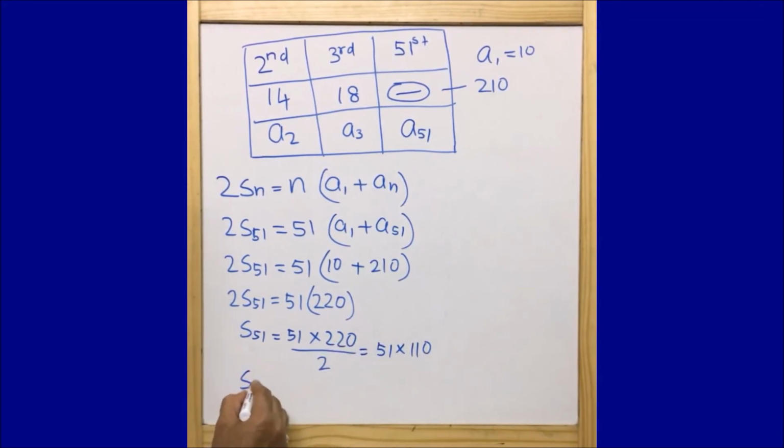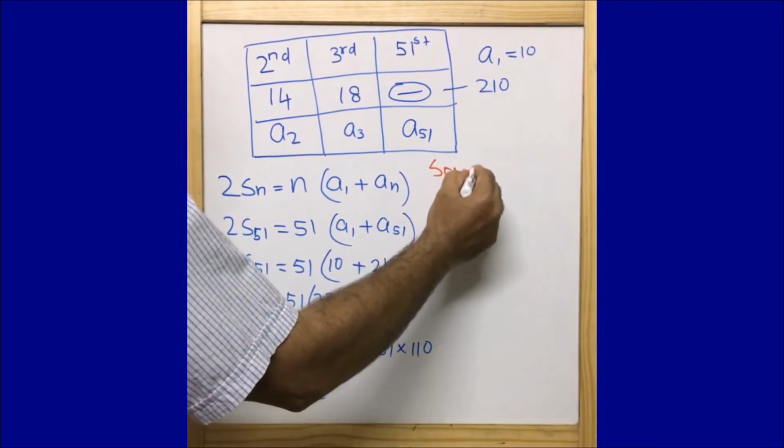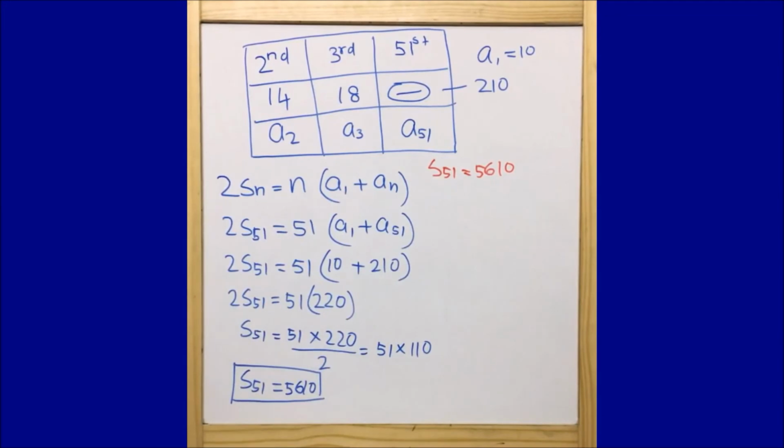Once we solve this we will get S51 equal to 5610. That's our answer, guys. This is what the question asked us to find, and we got the value of S51 as 5610.